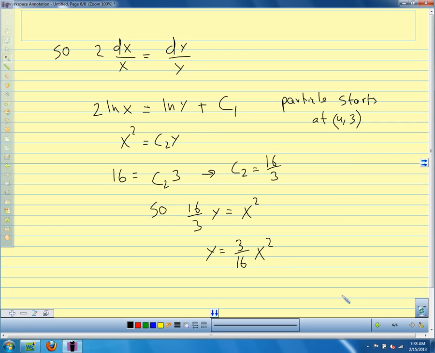How do we know the path of the particle though? Well, we know it goes in the direction of maximum temperature increase. So del T points in the direction of maximum temperature increase. We came up with some arbitrary vector for the position vector, r(t), and we knew that r prime of t also points in the same direction as the maximum temperature increase.